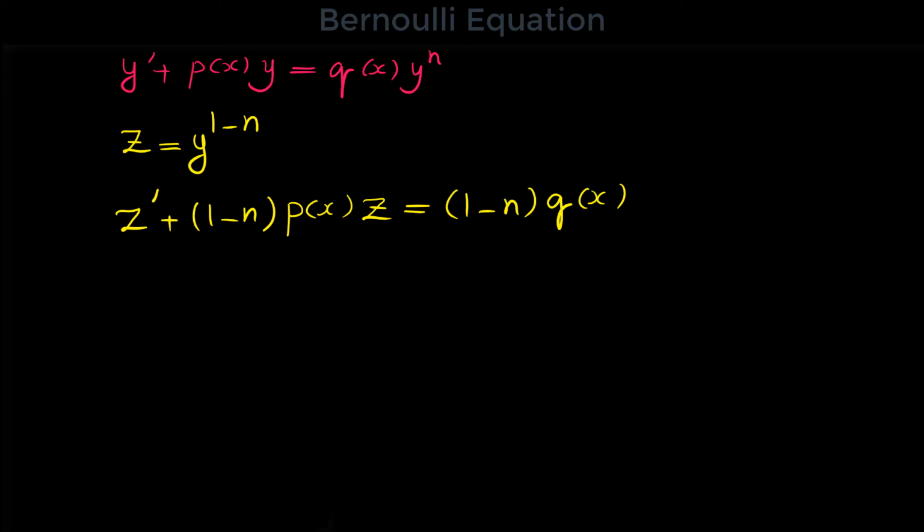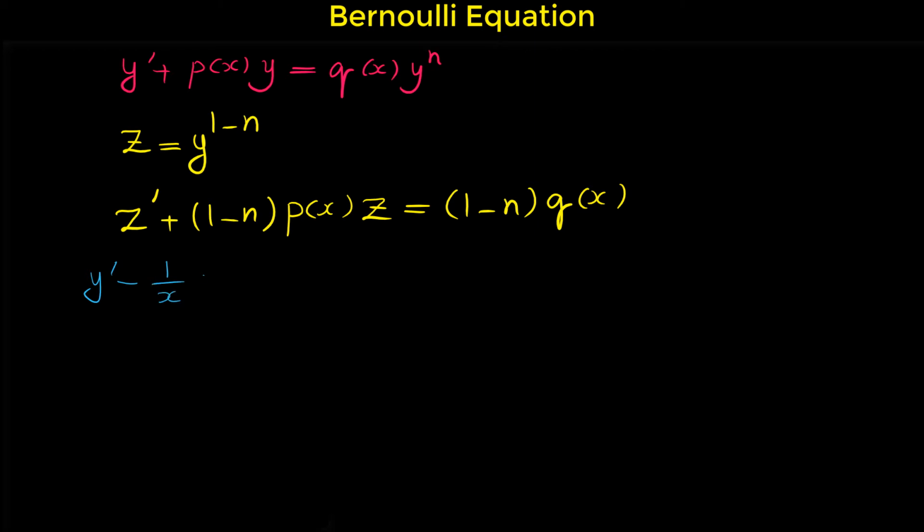Our first example is y prime minus 1 over x y equals 3 over 2 y to the power of 3. This given differential equation is a Bernoulli differential equation, where negative 1 over x is p of x, and the constant 3 over 2 is q of x.